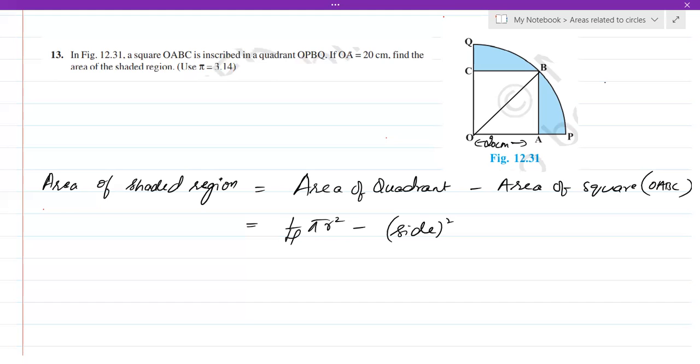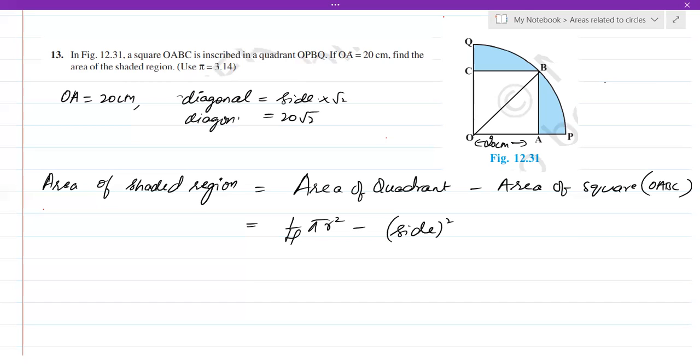Okay. Now remember, diagonal of the square is given by the formula side into root 2. Let me write it here. OA is equal to 20 centimeter. That is the side of the square. And diagonal will be equal to side into root 2. Here side is 20. So 20 root 2, that is diagonal.